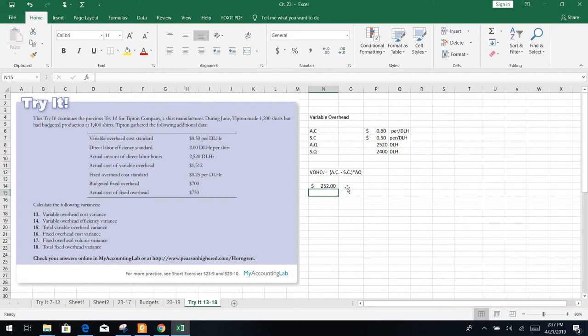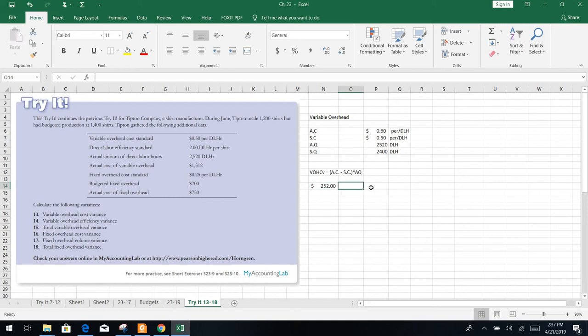And I have to write a little bit bigger so you can see it, $252. Another encouraging sign is that it is a whole number, and it doesn't repeat. It's not like 252.3798446. So a lot of times when you're working with units like this, it will sum out to a fixed dollar amount.